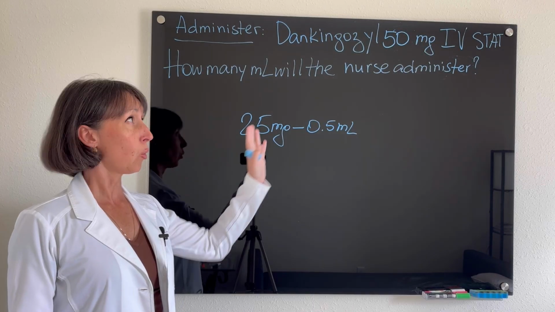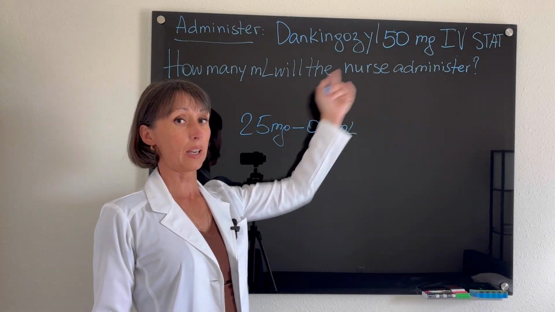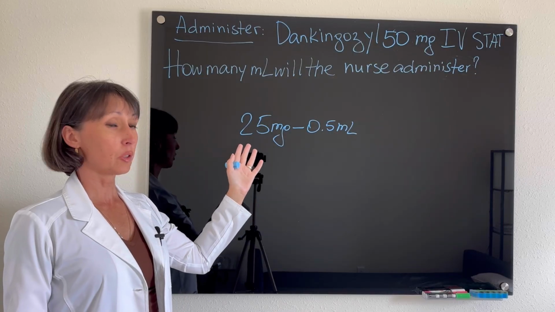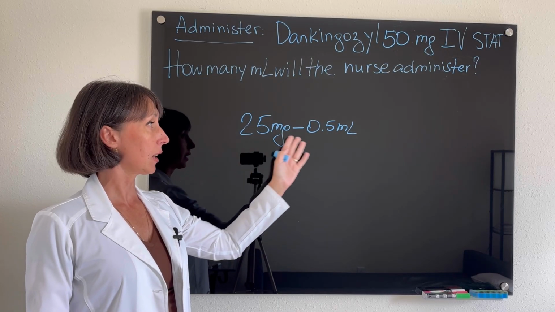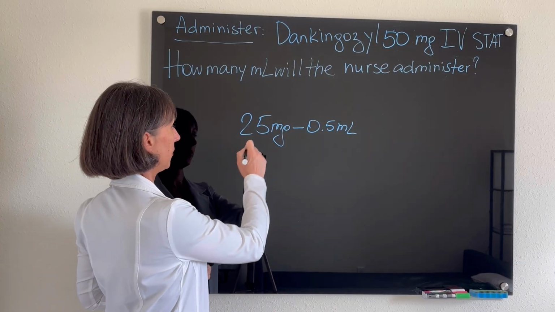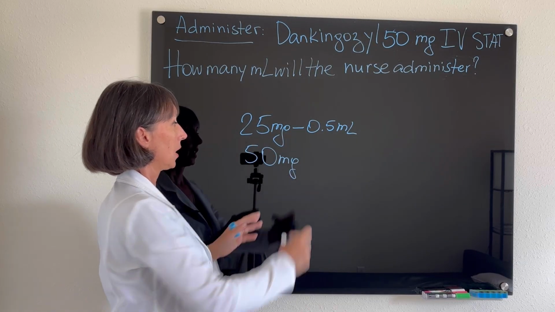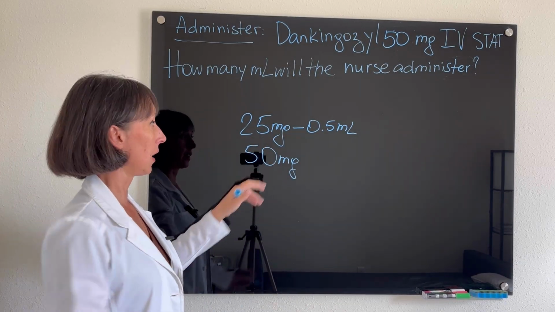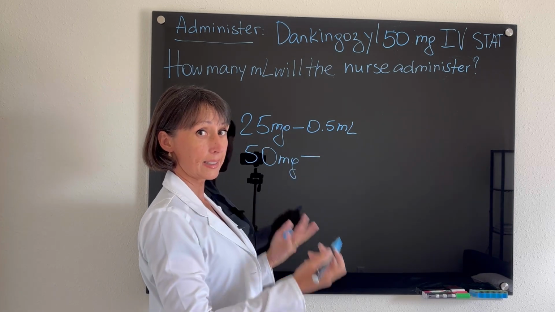If I change the order to 50 milligram, now we need to calculate. Again, from the label, we found 25 milligram is 0.5 milliliters. 50 milligram, I'm carefully putting milligram under milligram, is X milliliters.